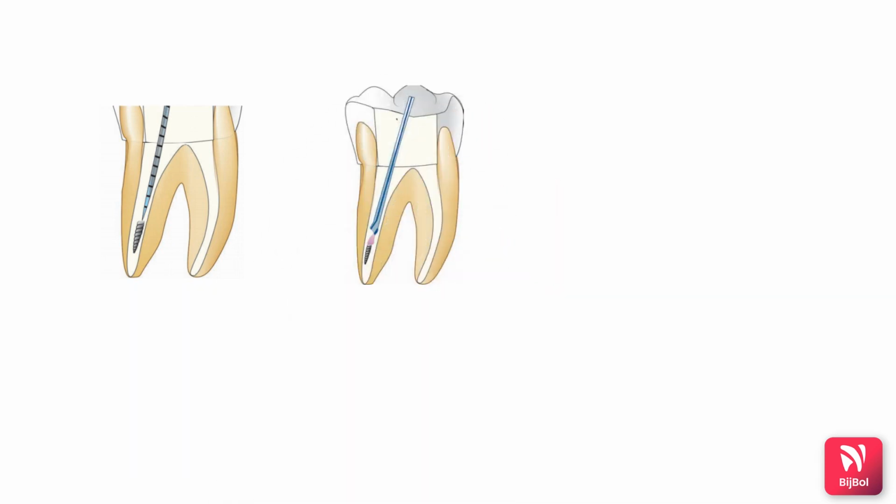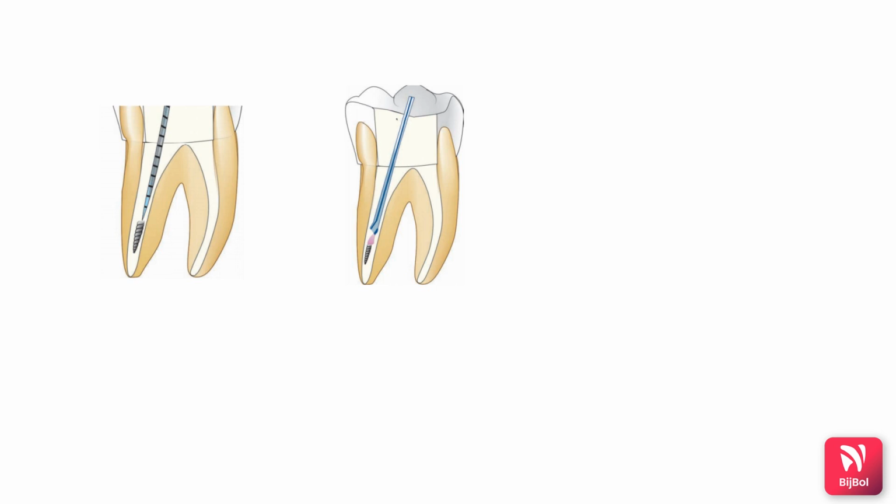It can be done by modified Gates-Glidden drills, by modifying them, removing the bottom half and thus creating a flat surface. Here, with the Gates-Glidden, perform the crown down technique and use this modified Gates-Glidden to enlarge the canal to the point where the instrument is located.